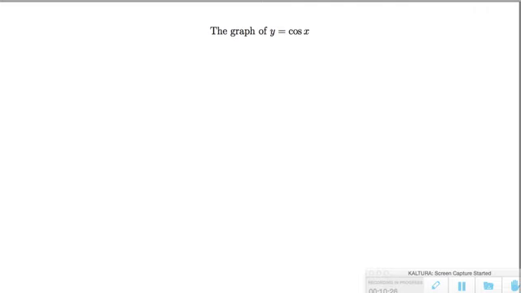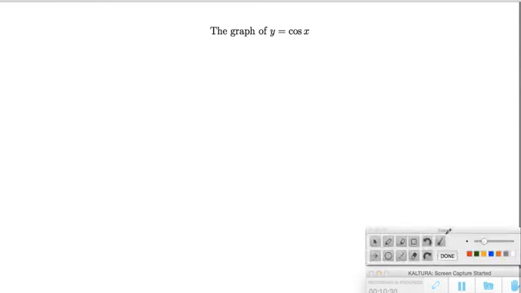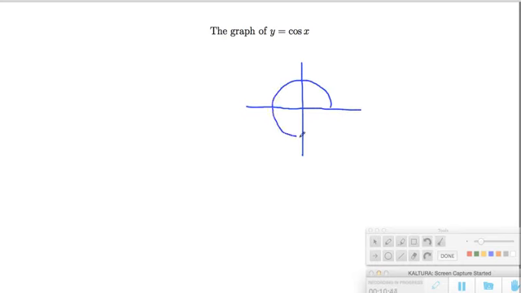The next graph we're going to talk about is cosine of x. So what we're going to do is, just like last time, we're going to start off by considering the unit circle, because that's the only way to get exact values of cosine of x for various angles. Couple key points.